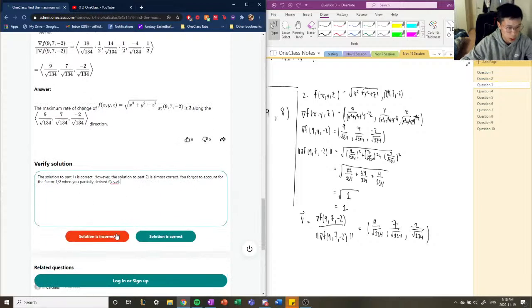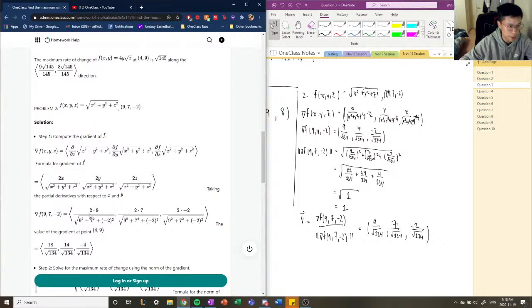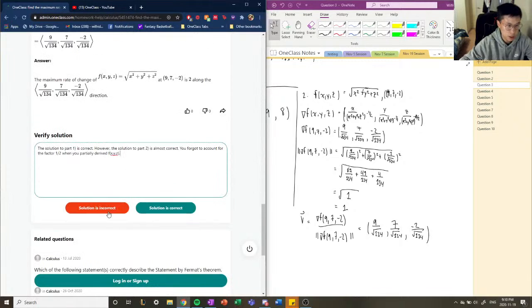Unfortunately, there's a little hiccup here, so the solution is actually incorrect.